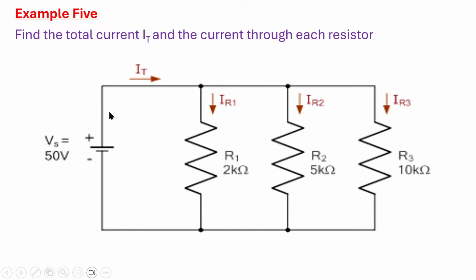Example 5: find the total current I_T and the current through each of the resistors. We see the voltage source is 50 volts, and we have R1 2 kilo ohms, R2 5 kilo ohms and R3 10 kilo ohms.